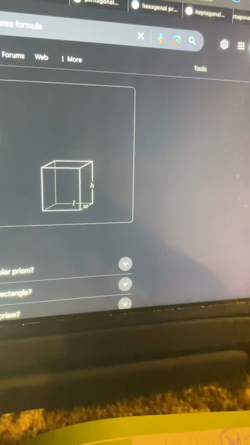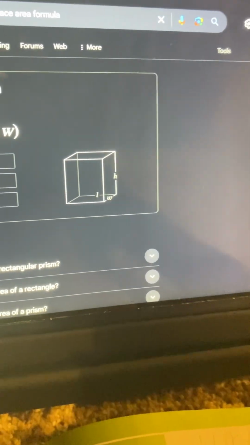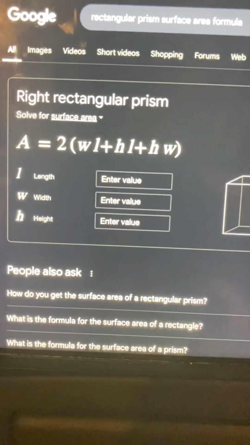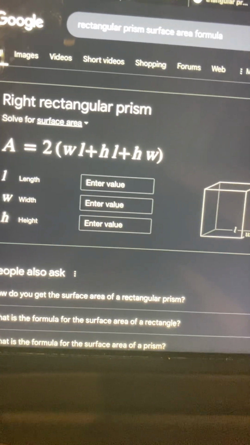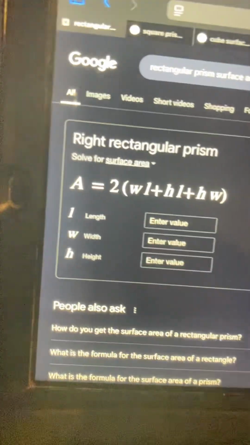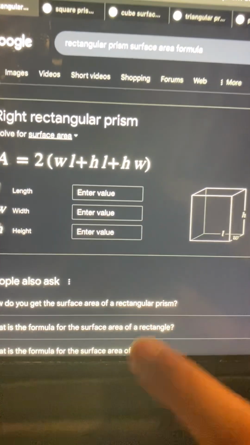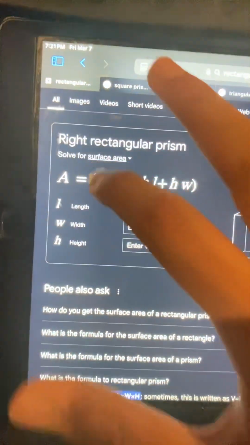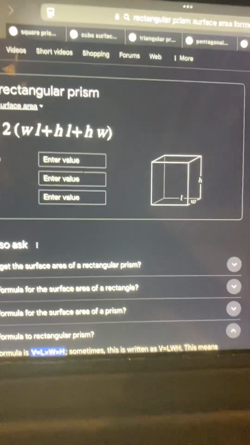Any rectangular prism that does not have a right angle is known as an oblique rectangular prism, where it's slightly bent. So, yeah, the surface area of a right rectangular prism is 2 times (WL plus HL plus HW). There's a 2 on the left, be careful. We have to multiply WL plus HL plus HW all at once by 2. So there's a 2 at the left, indicating that we multiply this by 2.